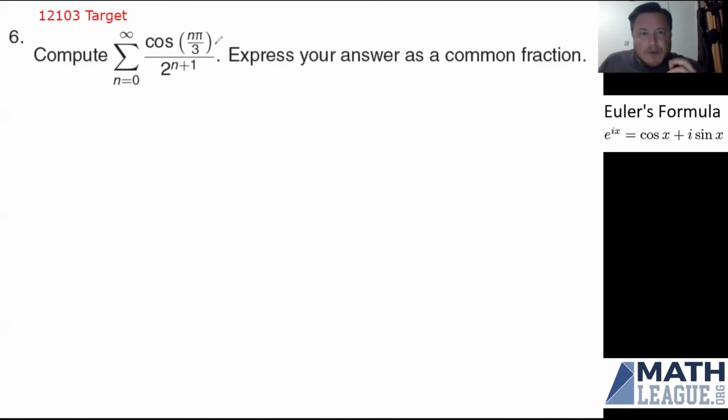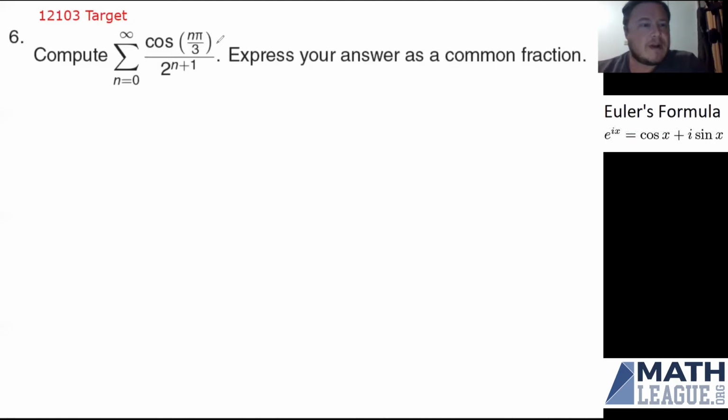Now, the reason that that's useful is because, remember, we were looking to make this numerator turn into something that is geometric. Cosine of n pi over 3 is not geometric, but if I have e to the something involving n, that becomes a geometric series, and then we can use our sum of a geometric series formula. So check this out. Using the formula we have, what I want to do is take that x in Euler's formula and apply the argument that we have here in the numerator.